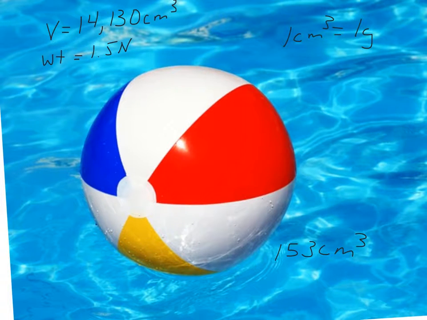We can calculate the weight of the water displaced by the beach ball. So if we have 153 cubic centimeters of water, that will equal 153 grams, or 0.153 kilograms.